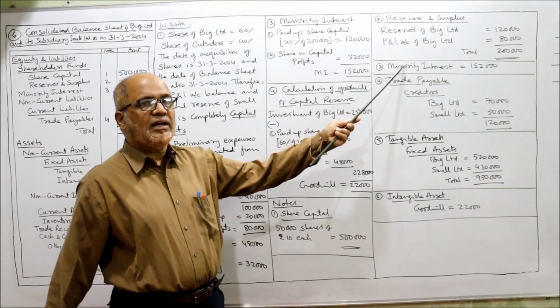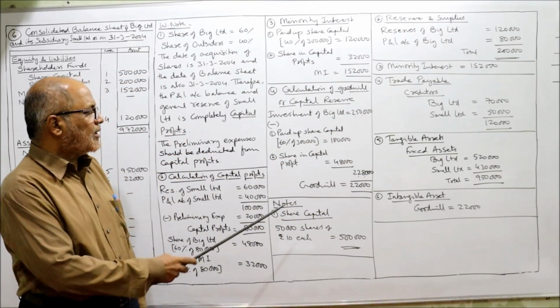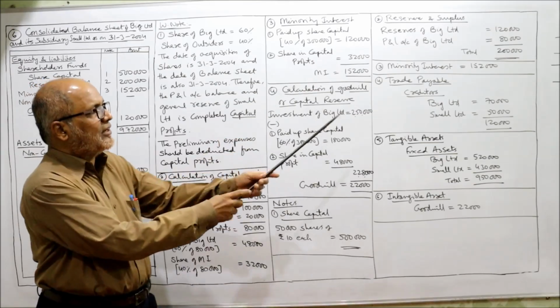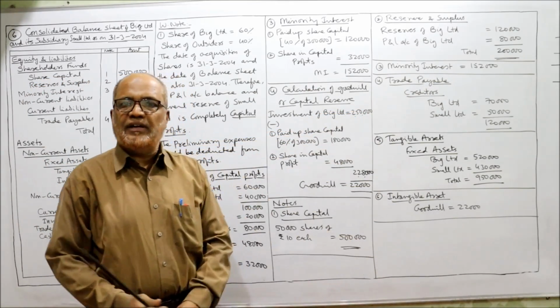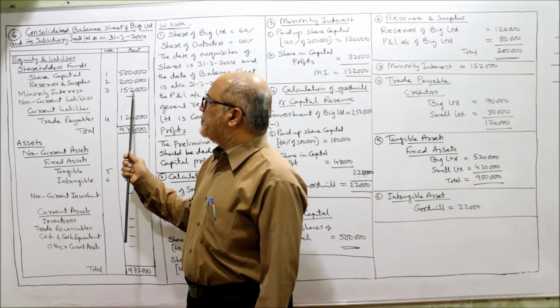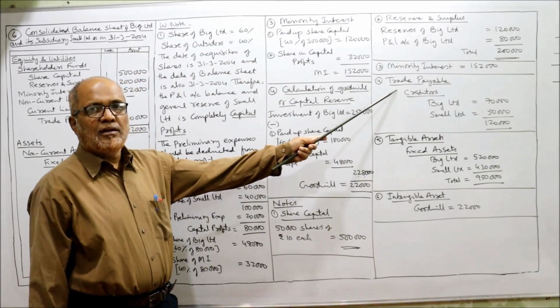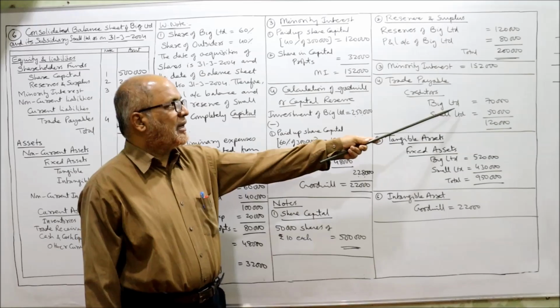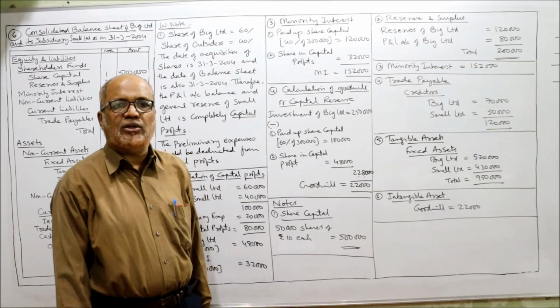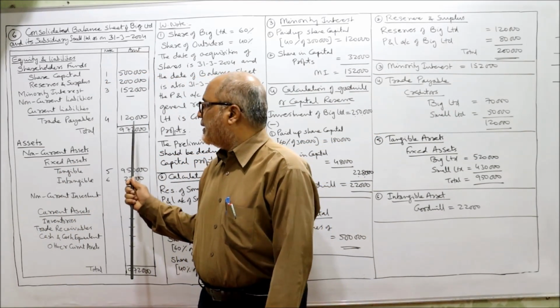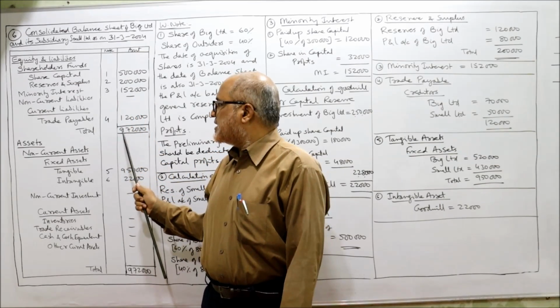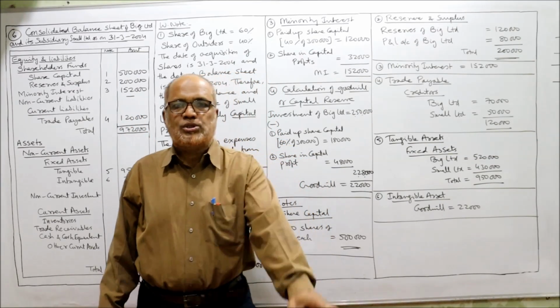Now third is minority interest. Already we have calculated minority interest, 1,52,000. That 1,52,000 is note number 3. Note number 4, trade payable, creditors. The payables are taken: creditors of Big Limited 70,000, Small Limited 50,000. 1,20,000 trade payable. Take the total of the liability side, 9,72,000.